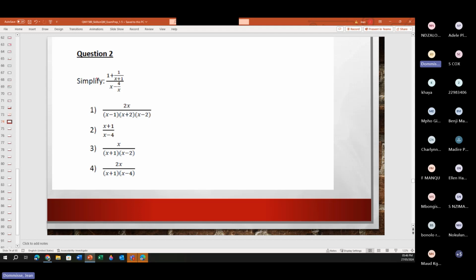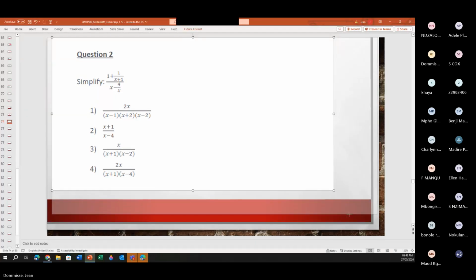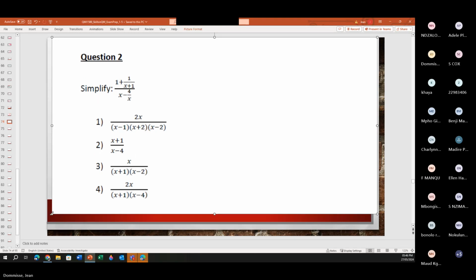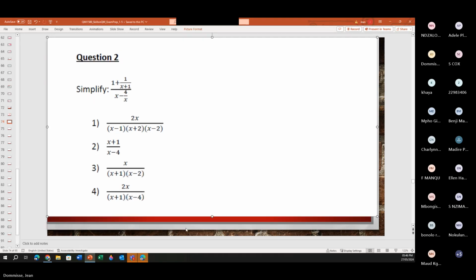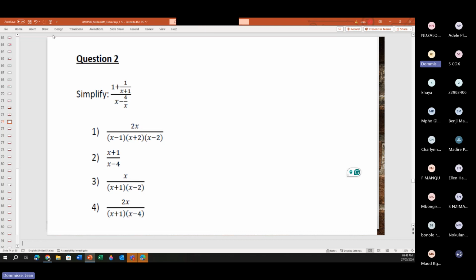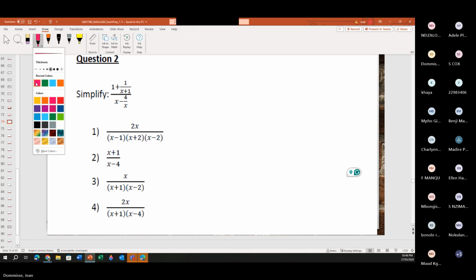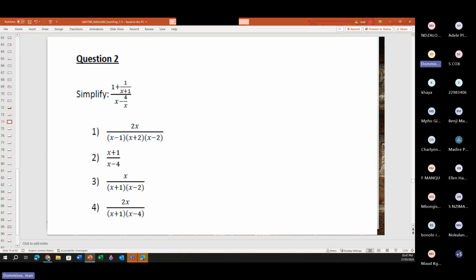Okay, so again, simplification. And let's see if I can just make this a bit bigger. Okay, so let's look at this. We sit with 1 plus 1 over x plus 1, x minus 4 divided by x.